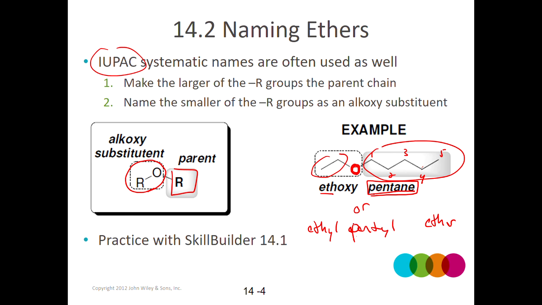And it would really just depend on which naming system you prefer. So unless I specify, you could name it with either system. If I specifically ask for the IUPAC system, this would be the name. If I specifically ask for a common name for an ether, you would name the two substituents, put YL suffixes on them because they're treated as substituents, and then the ether oxygen specifically would be the parent.